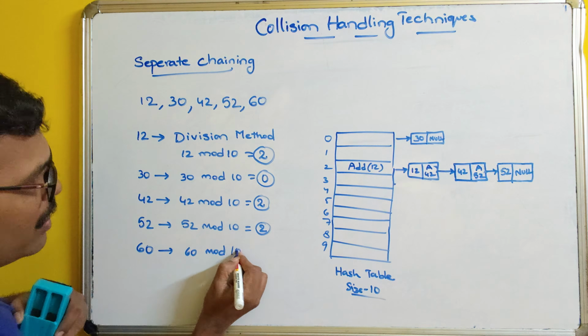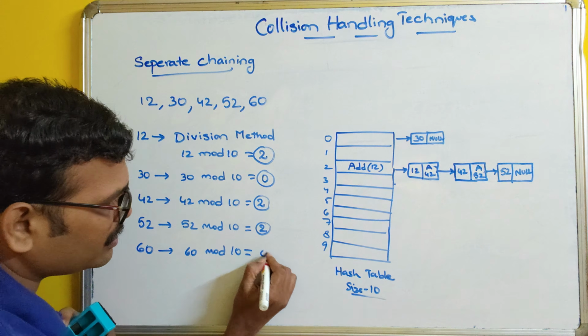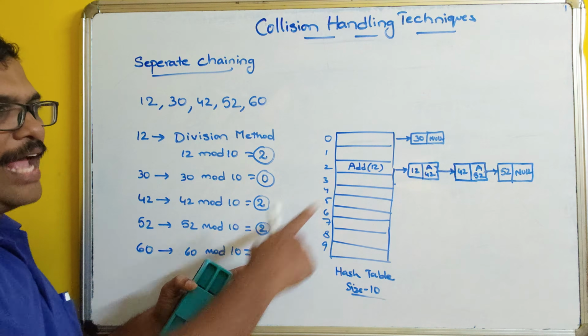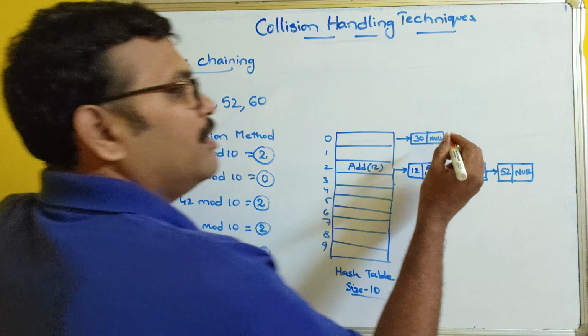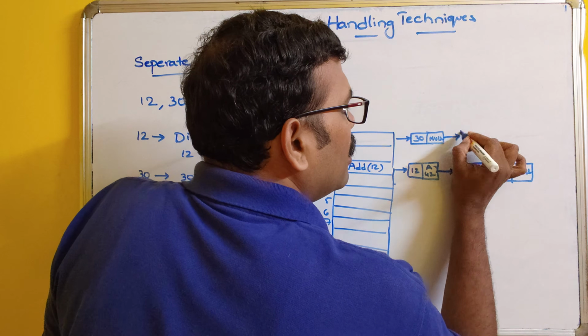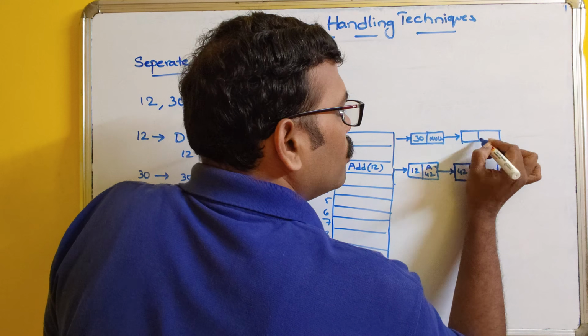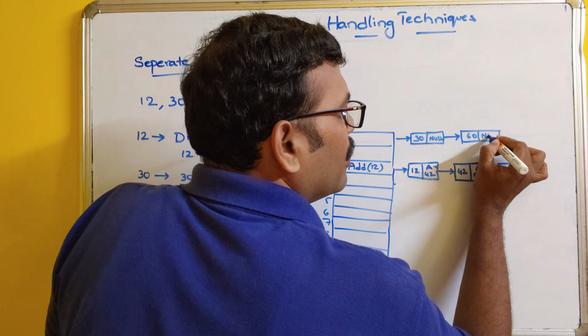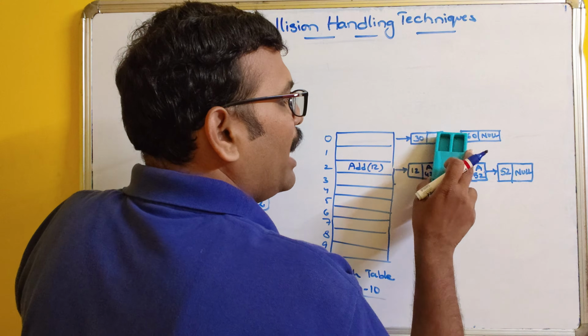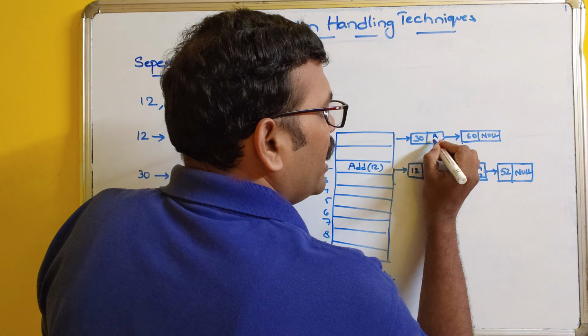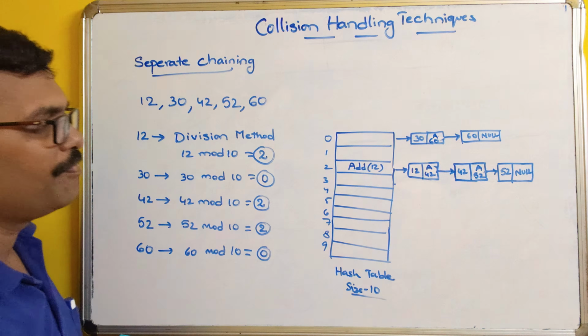Now 60 mod 10 also gives 0 as a result. The hash code is the same. Now what do we have to do? We have to add 60 to this particular linked list. The last node is null, so replace this null with the address of 60.